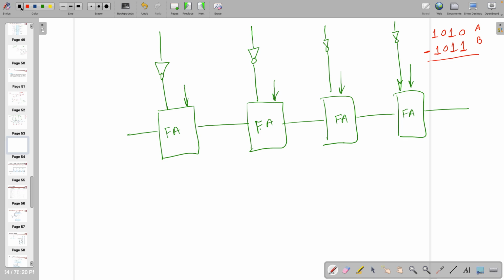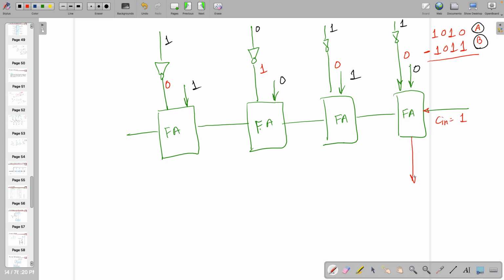The augend is B and the addend is A. So let's keep the number 1010, right? So A is 1010, right? Now let's not make a mistake, and this is 1011. So this will become 0100. Carry is equal to already 1 as per our procedure.